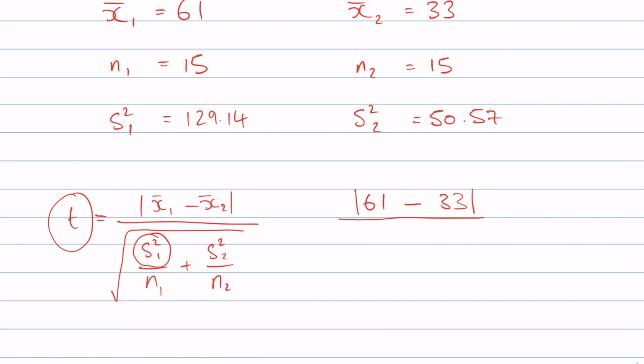That is divided by the square root of the variance of the first population, which was 129.14, divided by the number of values in population 1, which was 15, plus the variance of the second population, which was 50.57, divided by 15, as we had the same number of values in the second population as well.